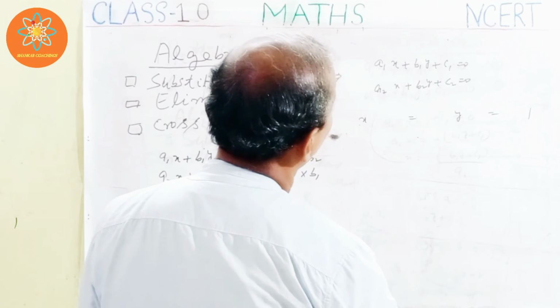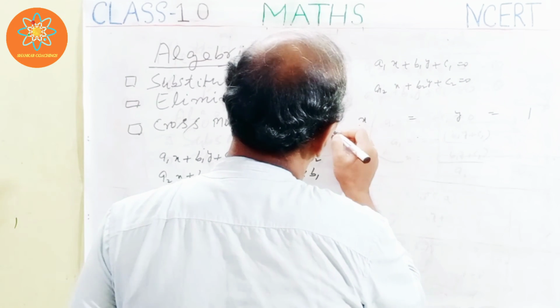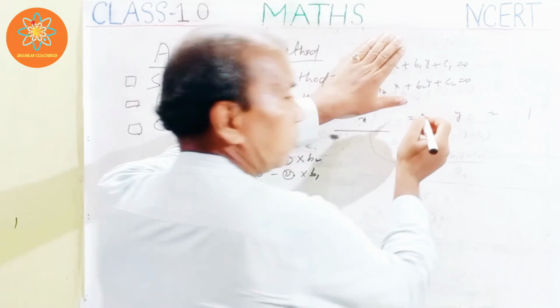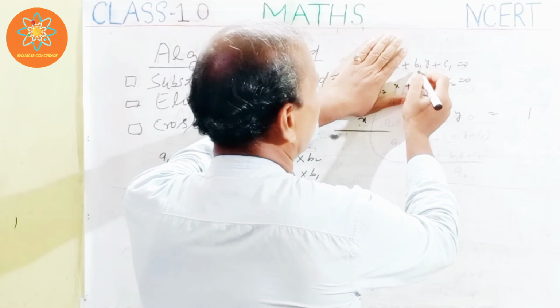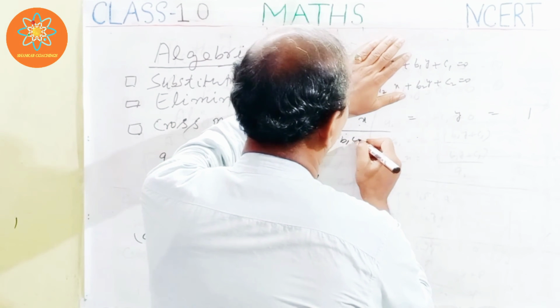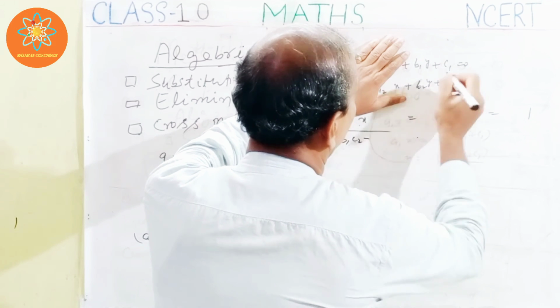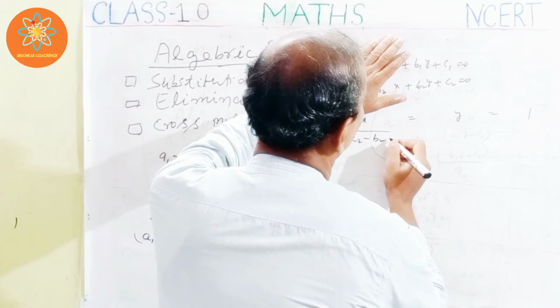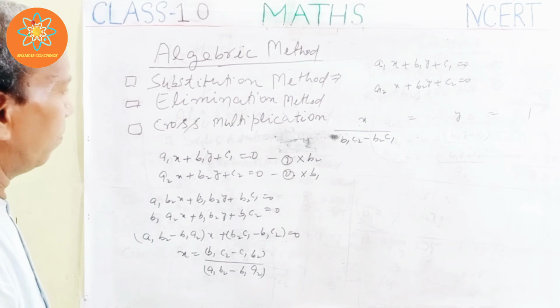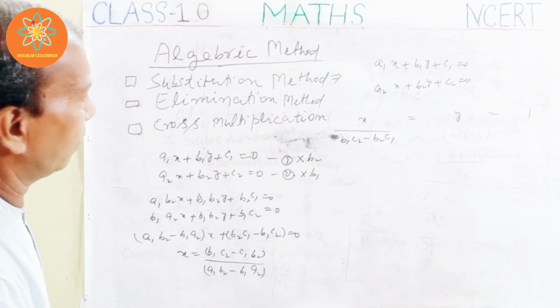So how to write it? This x will be x upon b1 c2 minus b2 c1.